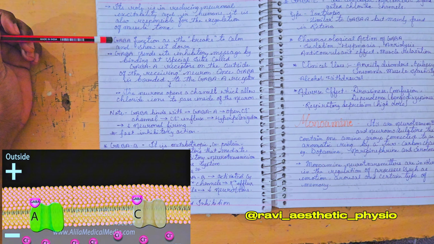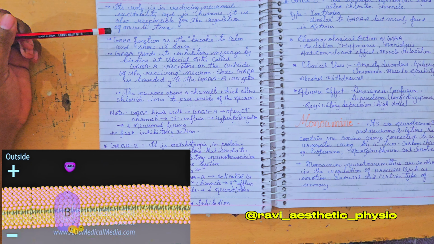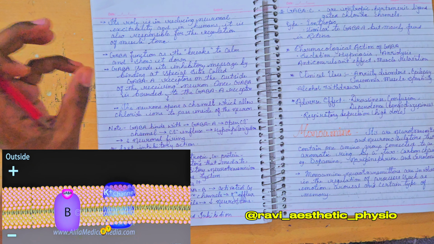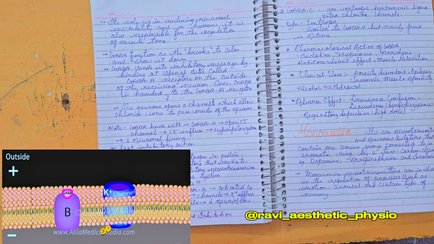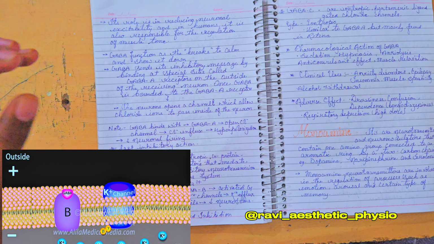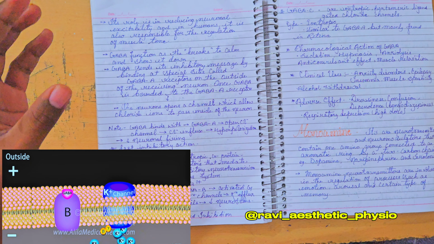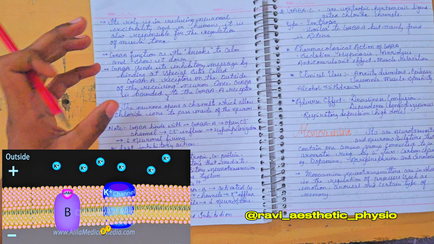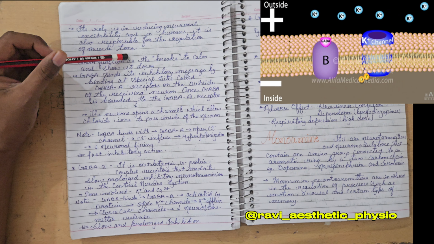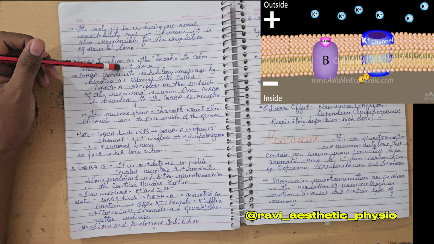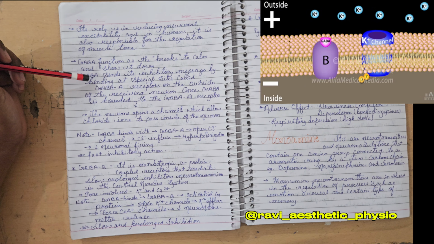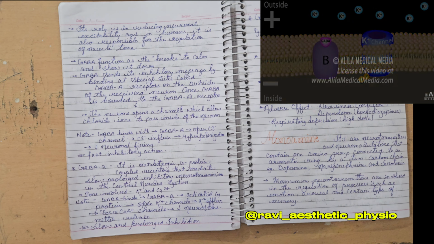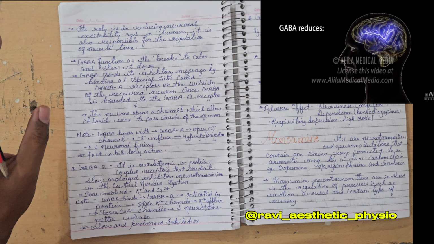So if there is any kind of hyperactivity or hypoactivity of muscles, the control systems are the GABA receptors, which send signals from one neuron to another neuron. They also help in the reflex arc to perform different activities. GABA functions as the brakes to calm and slow things down. It also helps to break down the signal, and it will help stop different signals if there is hyperactivity of any kind of movement or activity.